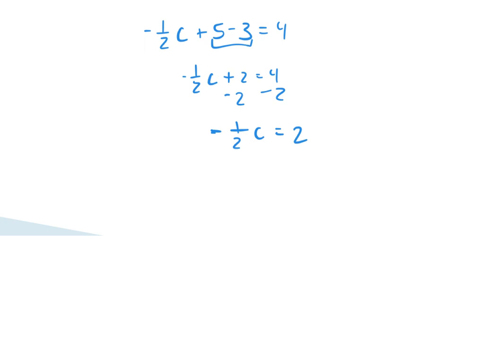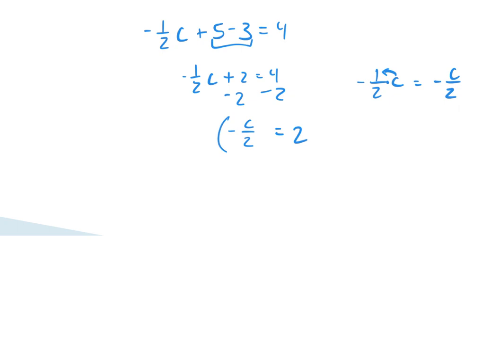So I'm going to rewrite this. Instead of it being like that, I'm going to rewrite this as -c over 2. So if you didn't catch what I did, I had -1/2 times c, and that's going to be the exact same thing as -c divided by 2. Because whenever you multiply a whole number, or in this case a variable, to a fraction, it goes to the numerator. Now I have a 2 in my denominator.